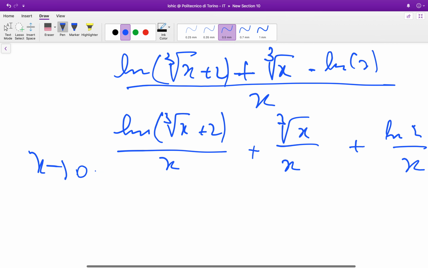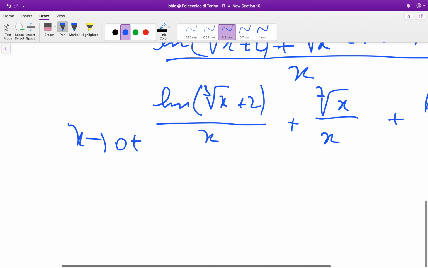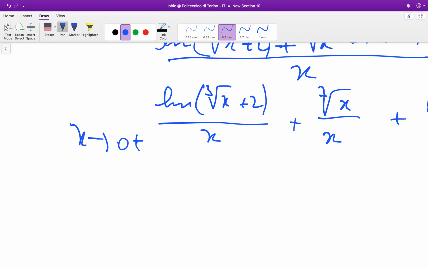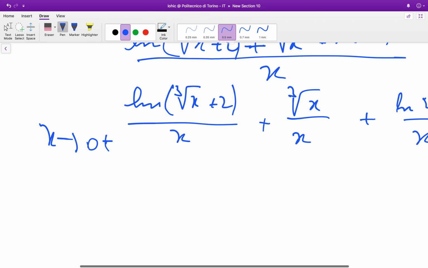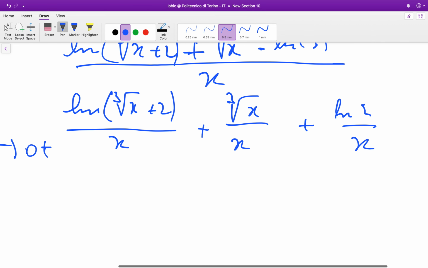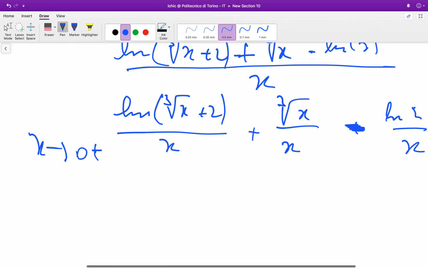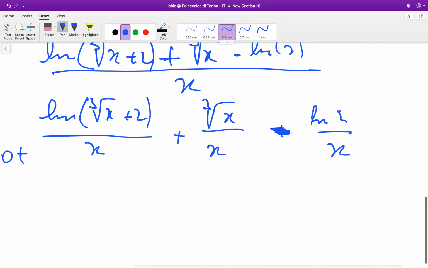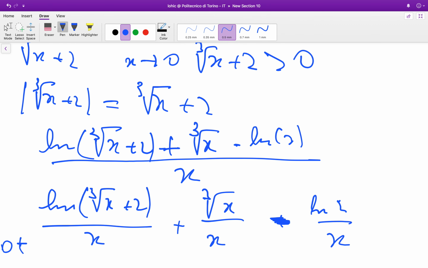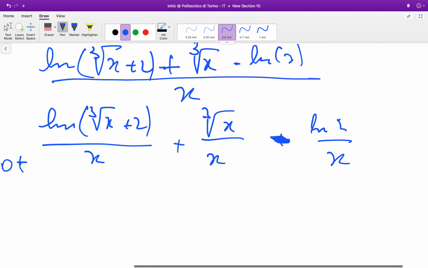So suppose that we first do it at 0 plus and then we will do it at 0 minus. If I put 0 here, I will get ln of 2 divided by x minus... if I put 0 here, I get ln of 2 divided by x.